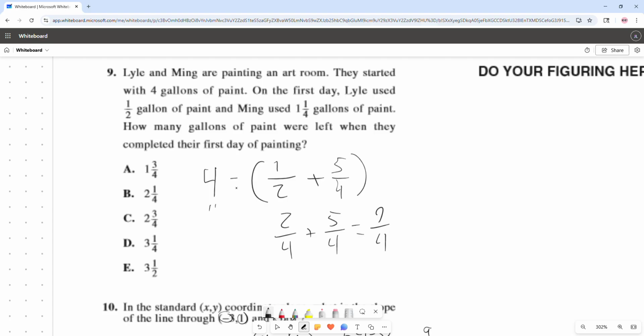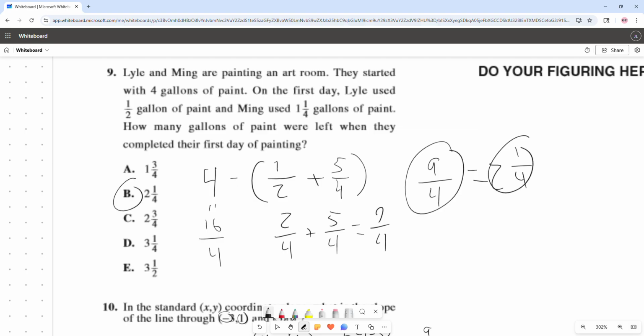And then 4 would be equal to 16/4. And 16 minus 7 equals 9/4. And 9/4 equals 2 1/4. That's your real answer, B. So again, you can just plug this one into the calculator and be done with it.